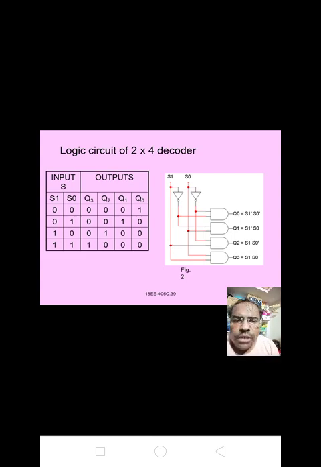For the input 0 0 we get the output Q0 equal to 1, and the rest, Q3, Q2 and Q1, equal to 0.